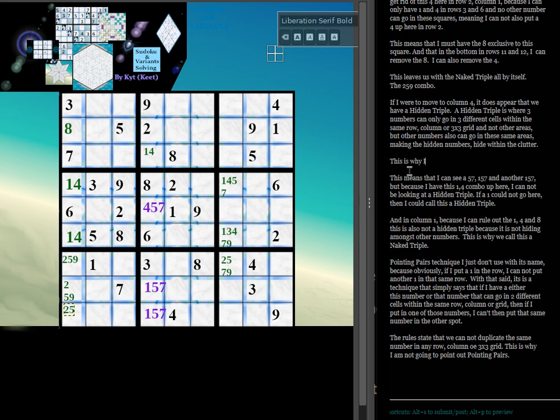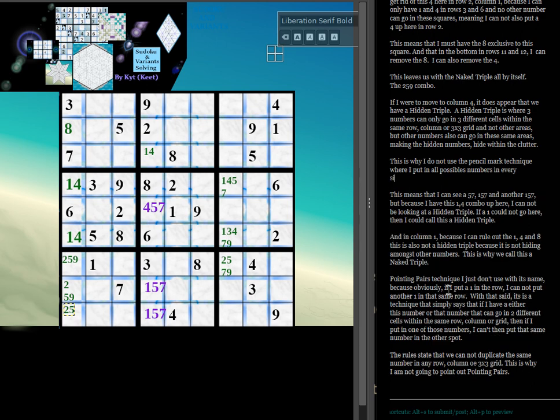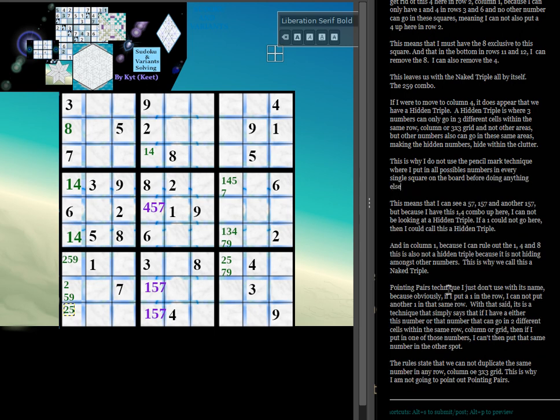This is why I do not use the pencil mark technique, where I put in all possible numbers in every single square on the board before doing anything else.